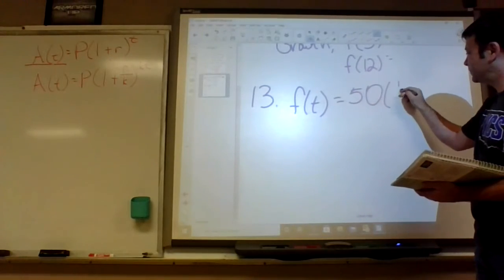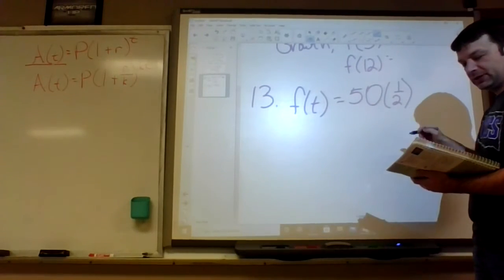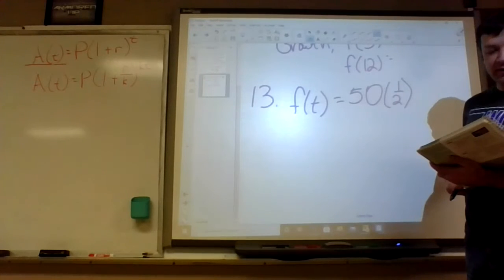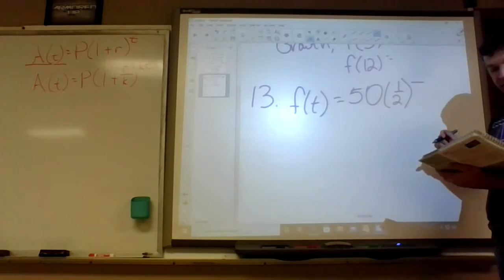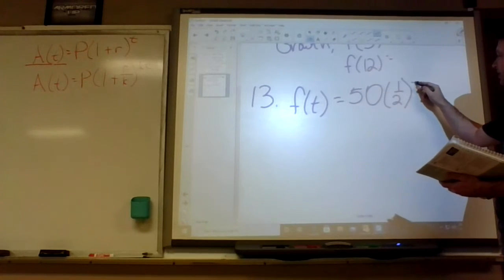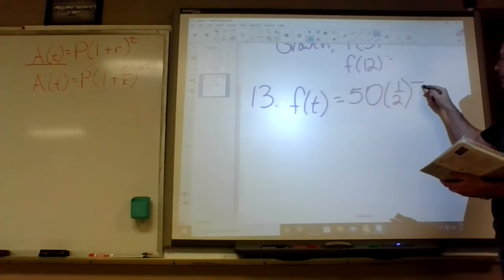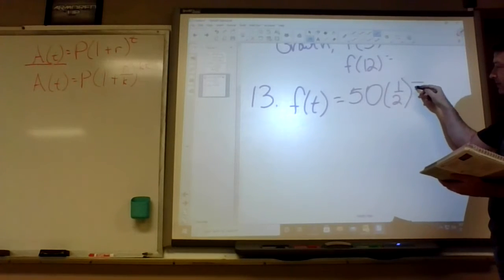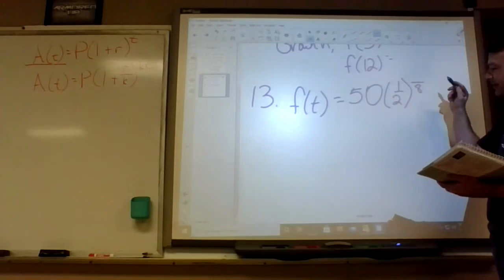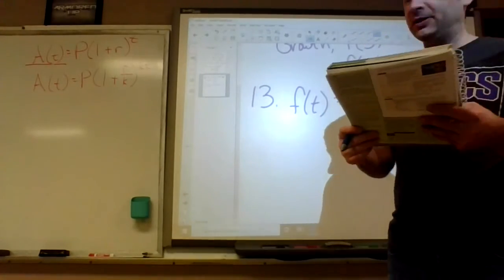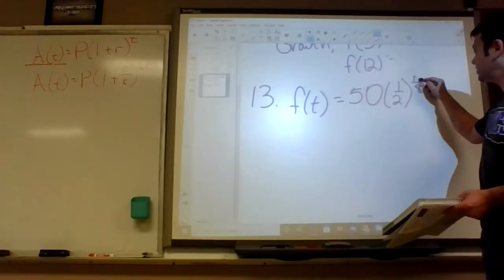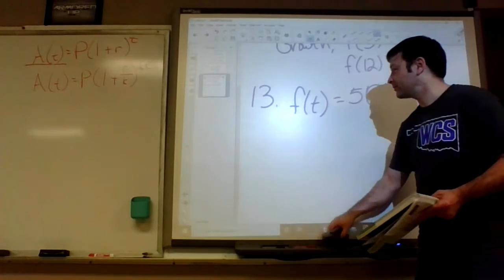So half-life, you always put a half in there. And H is the half-life, how long before it reaches half of its life, it gets split in half. 8 goes down there, and the n minutes would go up here. So we're plugging in F of n right there.